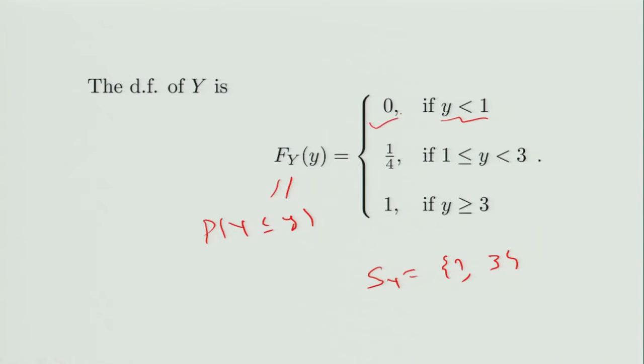So this probability is 0. Now, if y is between 1 and 3, I am saying my capital Y takes value less than or equal to this small y. Then the only possible value in S_Y is y is equal to 1. So which is same as probability Y is equal to 1, which is same as 1 by 4.